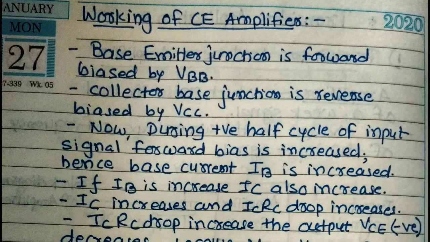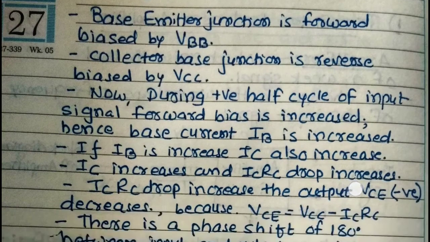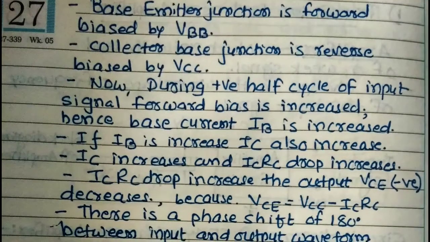Now, during the positive half cycle of the input signal, the forward bias is increased. So the base current is increased, and that's why the collector current is also increased. If IC is increased, the IC RC drop increases. It means in the series resistance RC on the collector side, the voltage drop increases, and that's why the output voltage VCE decreases, because VCE is equal to VCC minus IC RC.